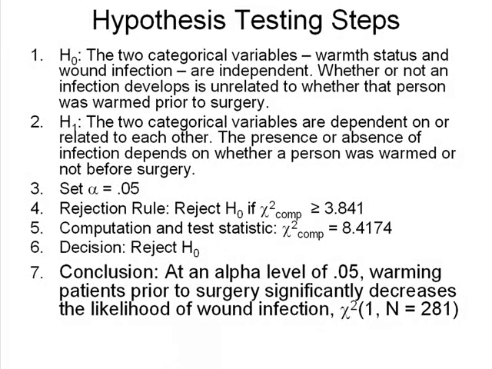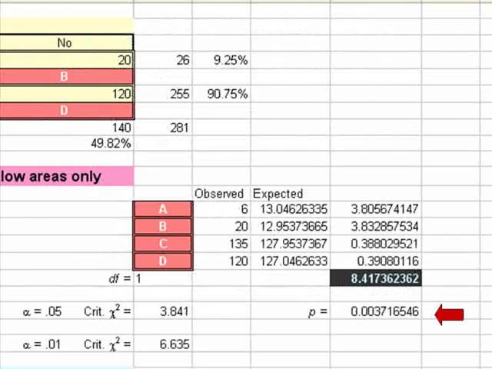Now we have to say what our chi-square value equals, and we can get that from step number 5. We see that our chi-square equals 8.41. So we'll put that equals 8.4174, comma. Now the next thing that comes is our p-value. We have to go back to our spreadsheet, and there's our p-value. I have a red arrow pointing to it, equals 0.0037.